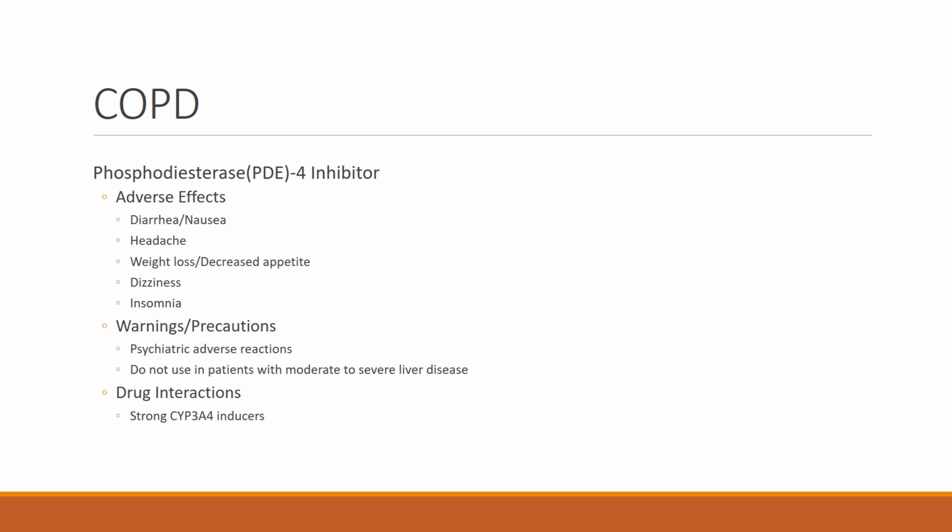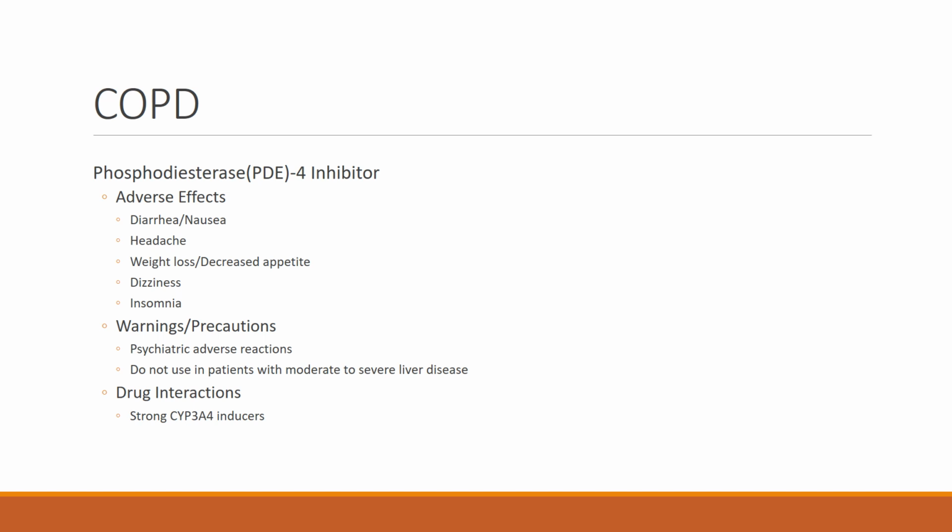Some of the adverse effects that come from the PDE4 inhibitor are mainly, since it is an oral tablet, some of that diarrhea, nausea, decreased appetite, headache, dizziness, insomnia. Some of the warnings, this is similar to what you saw with the leukotriene modifiers: psychiatric adverse reactions, and then the patients with hepatic disease.